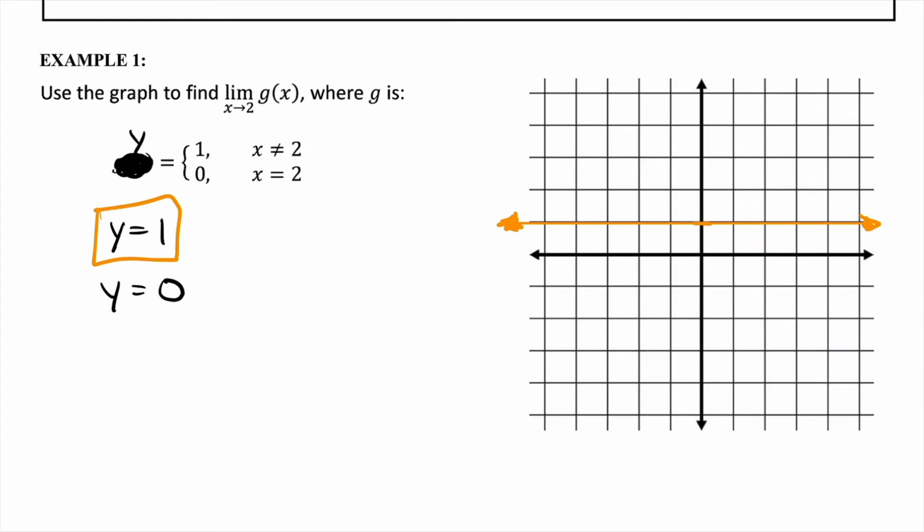Negative infinity to positive infinity. There's no stops. But that's not what the function says. The function says it's okay when x is not equal to 2. But when x is equal to 2, it's somewhere else. What is y when x is equal to 2? 0. So when x equals 2, that's right there.